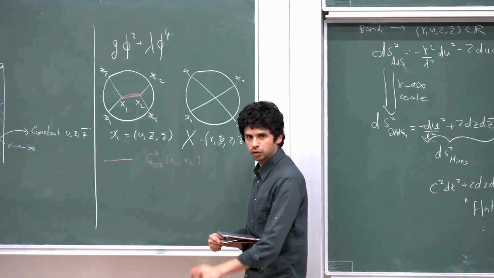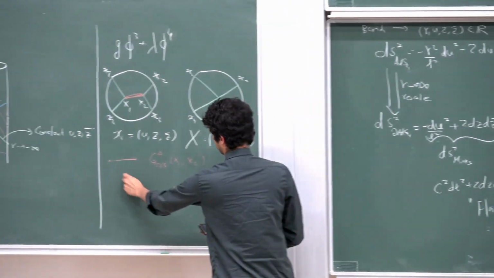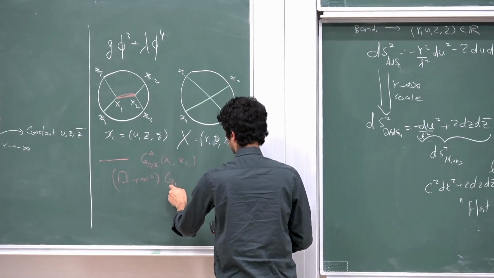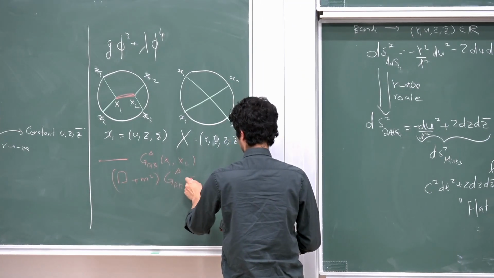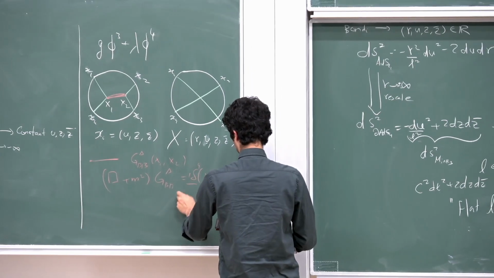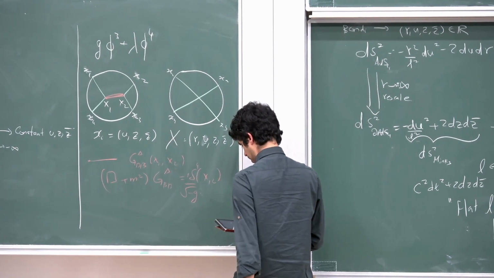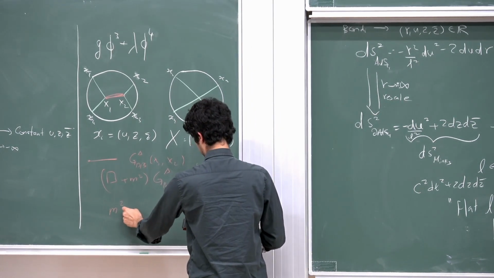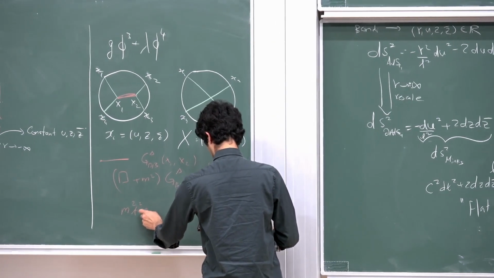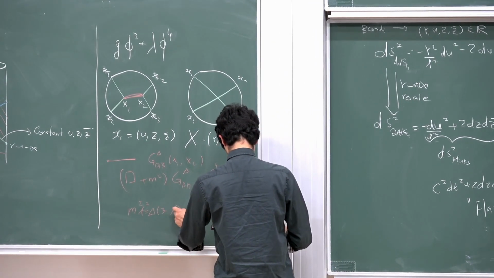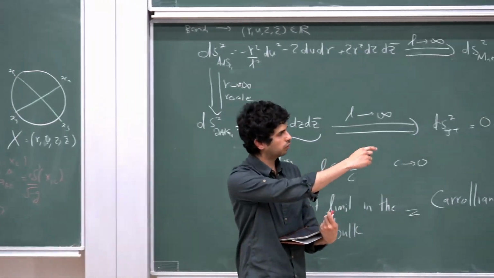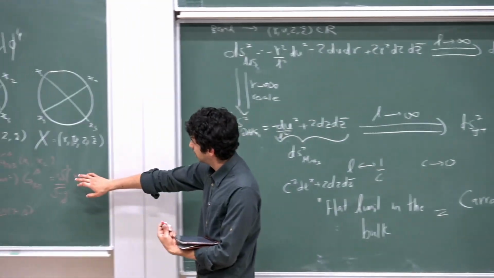These are solutions to this equation, where m squared is the mass squared, and with a specific boundary condition which kills off one of the modes.